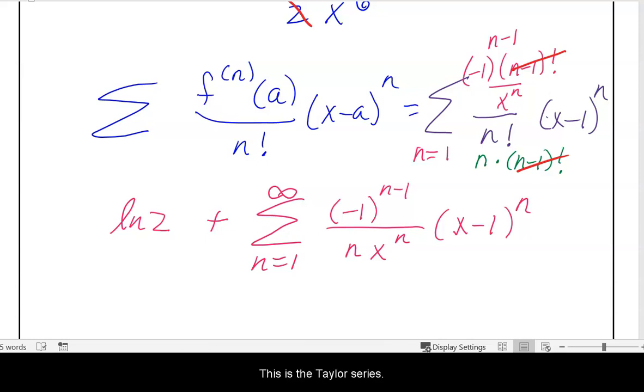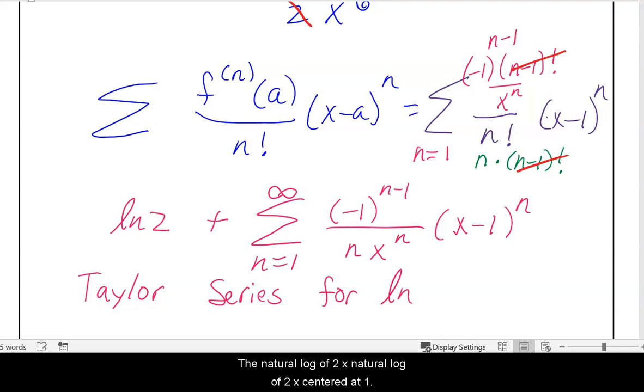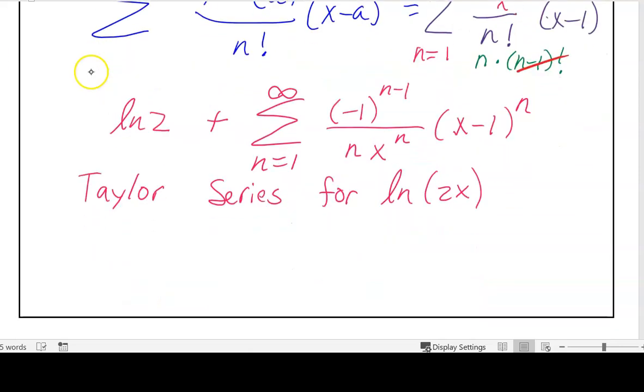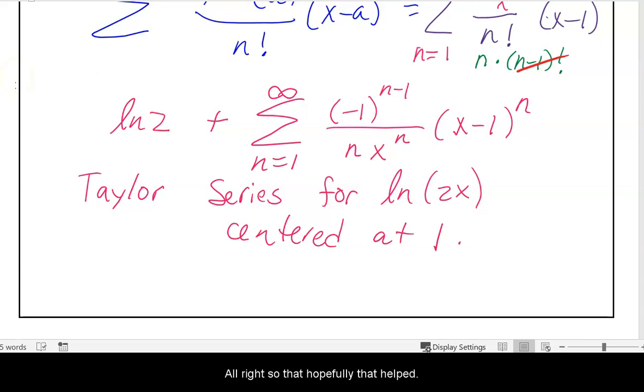So this is the Taylor series for the natural log of 2x, centered at 1. Okay? All right, so hopefully that helps.